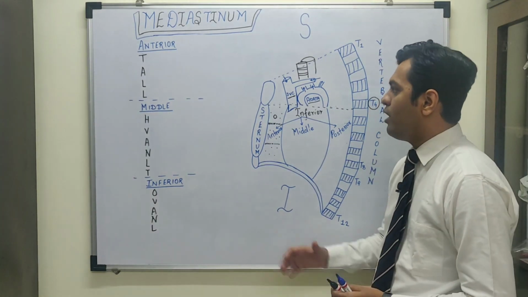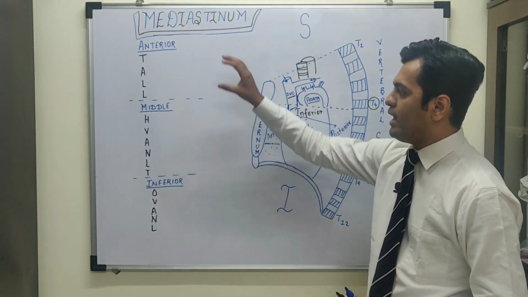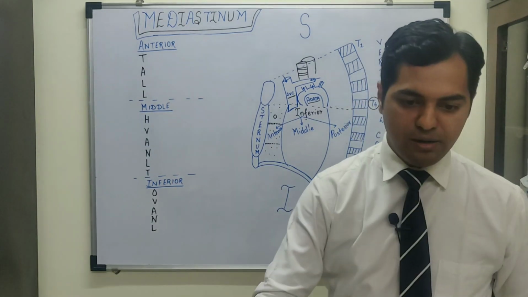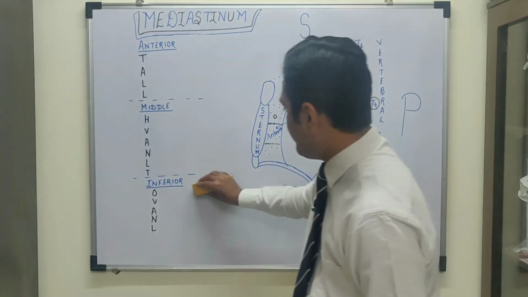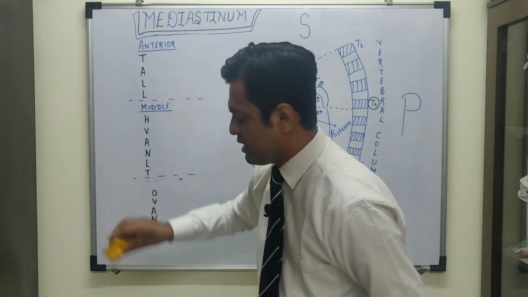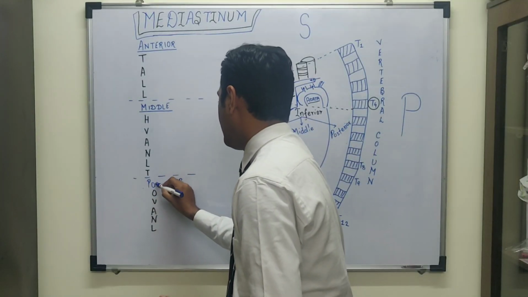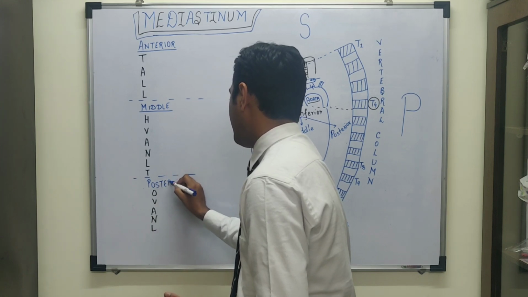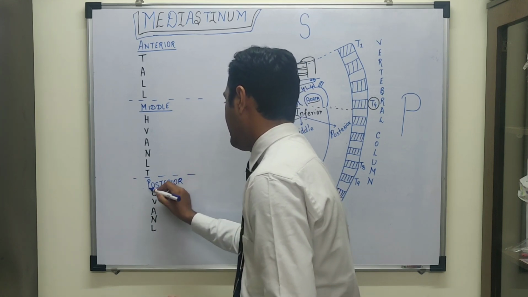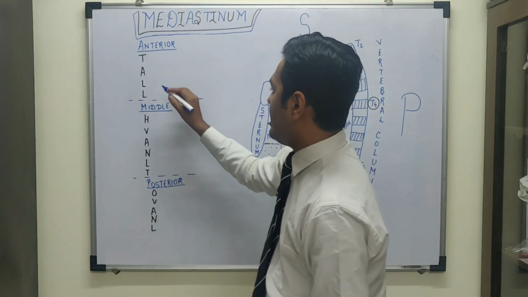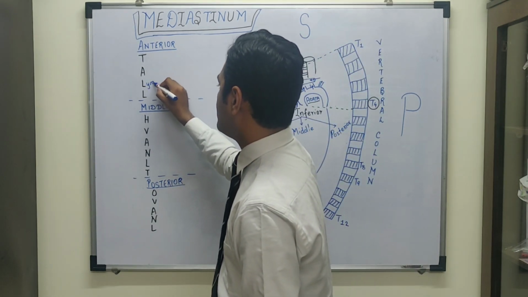Let us discuss now the contents of the anterior, middle and the posterior mediastinum. When we discuss the contents, there are certain common contents which are present, and for those common contents, L stands for the lymph nodes.